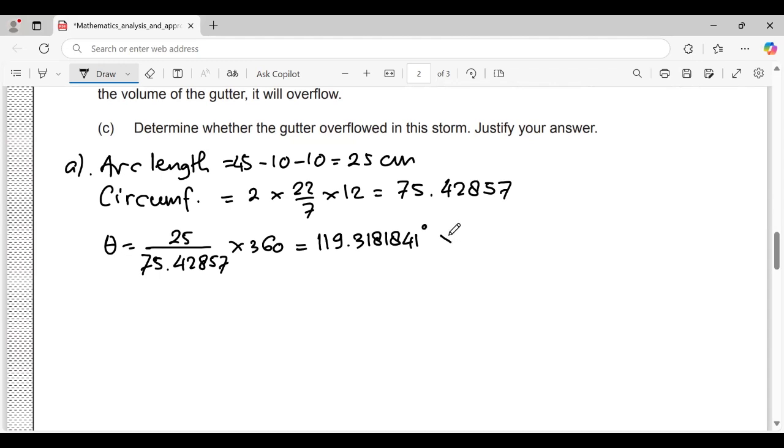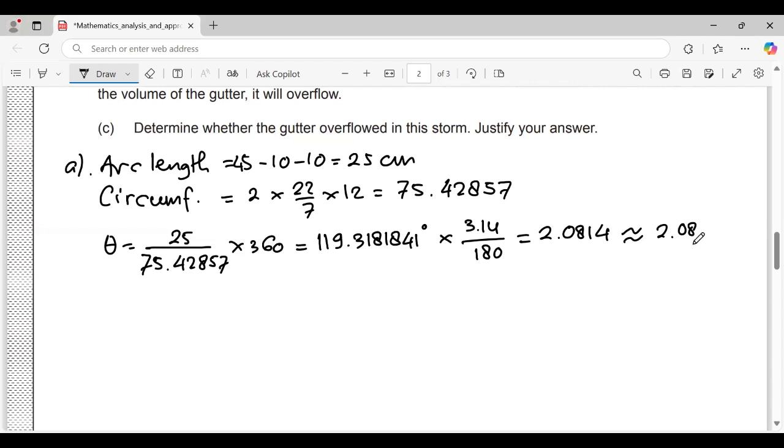Now I would like to convert into radians, times 3.14 over 180, and it equals 2.0814.